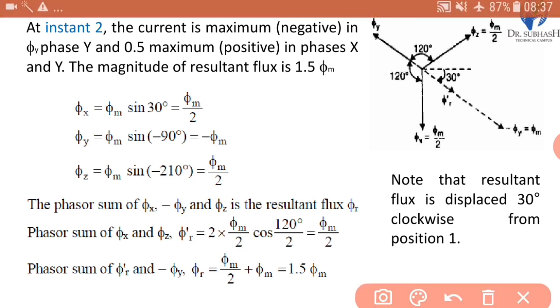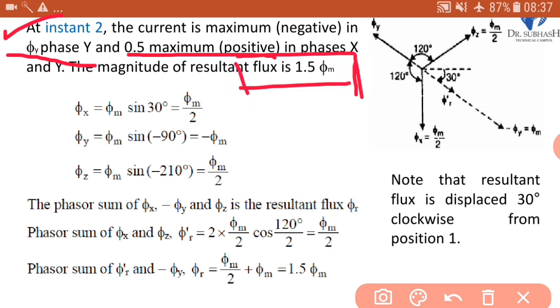It means at instant 2 the current is maximum negative in phase y and 0.5 maximum positive in phases x and z. So the magnitude of the resultant flux here also is 1.5 into phi m.